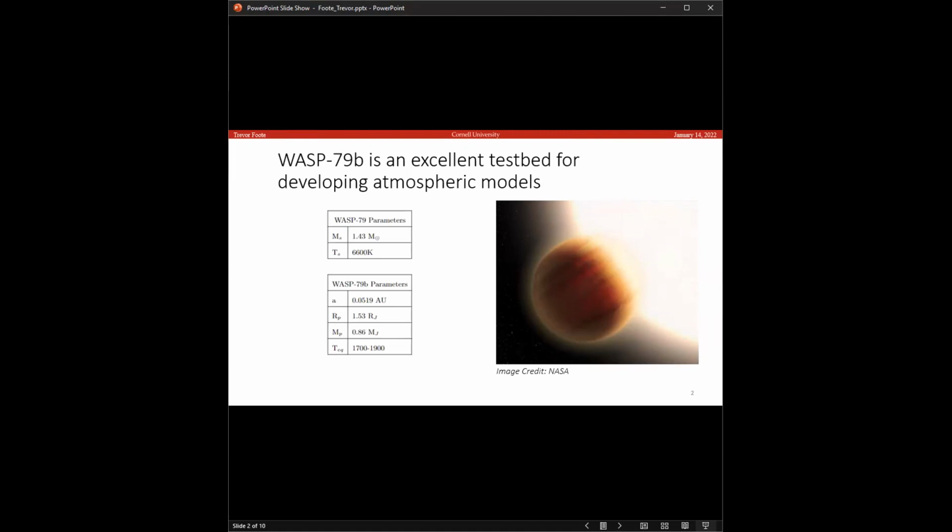And so WASP-79b is a key target to this community to better understand the processes that are shaping the thermochemical structures and cloud formation in hot Jupiters, which we can then use to better inform our atmospheric models.